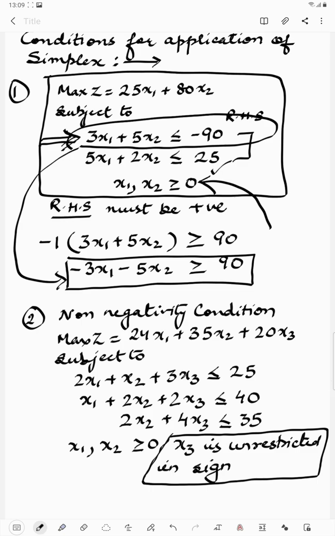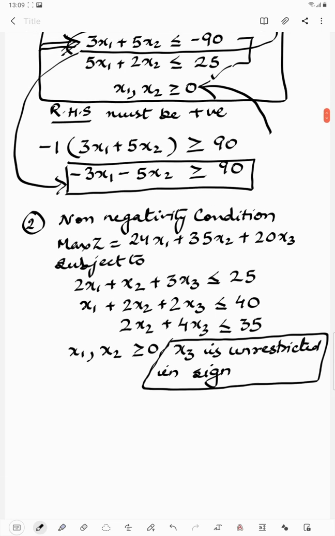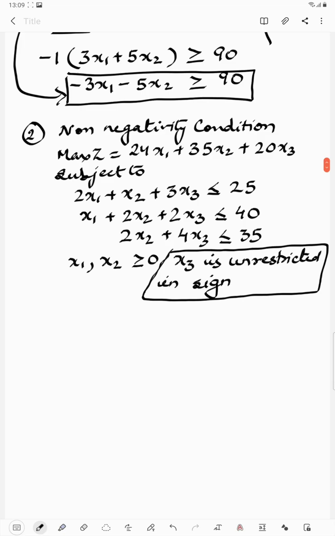Now how can we change this? If x3 is a variable which can have a positive as well as negative value, how can we change it into something which can have only a positive or 0 value? It can be done like this. We will assume that x3 is the output of two more non-negative decision variables.